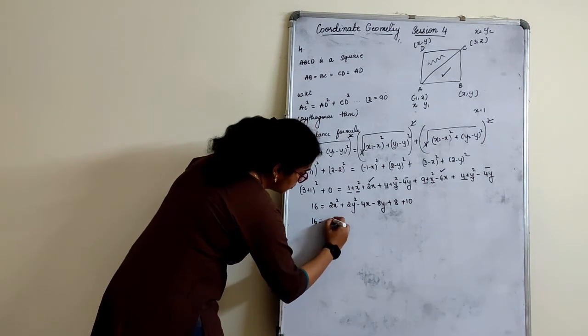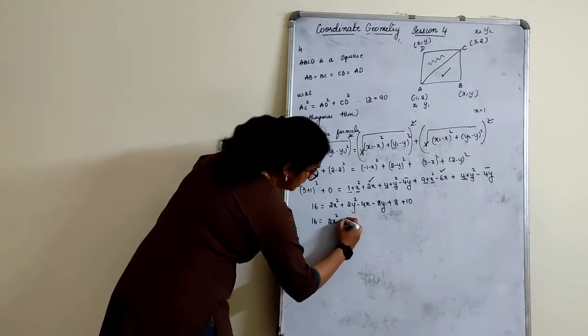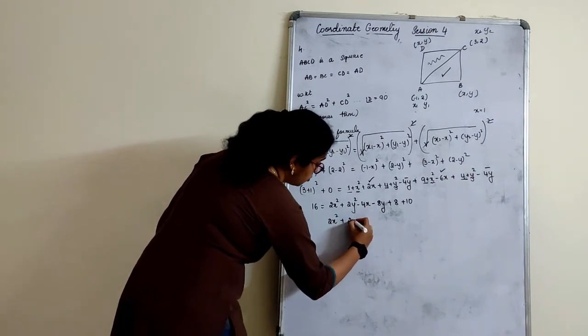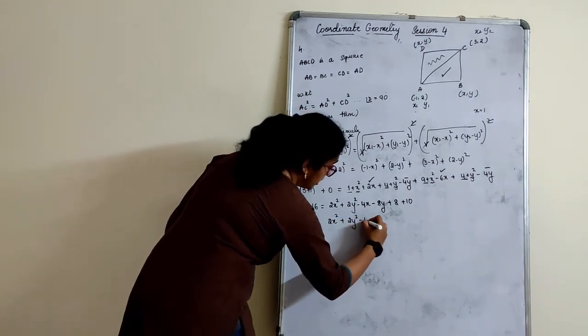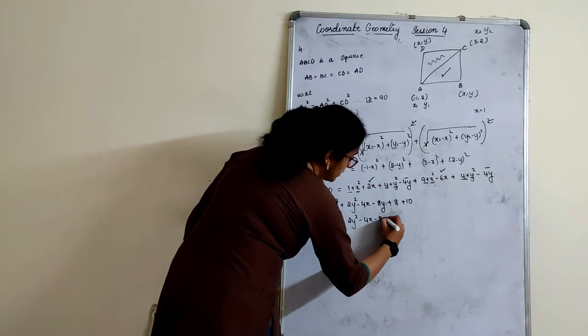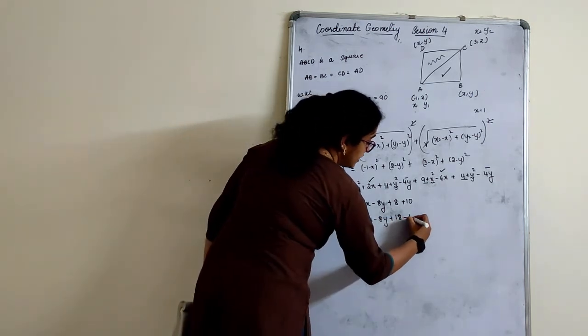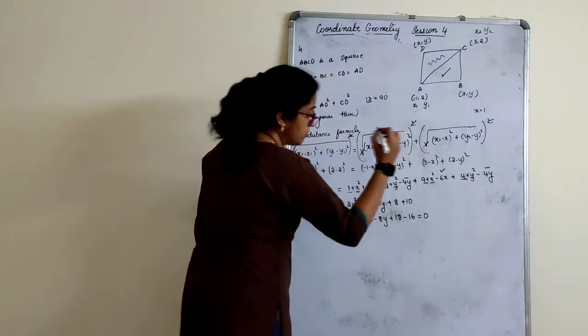16 is equal to 2x square plus 2y square minus 4x minus 8y plus 18. You can take 16 this side: 2x square plus 2y square minus 4x minus 8y plus 18 minus 16 is equal to 0.